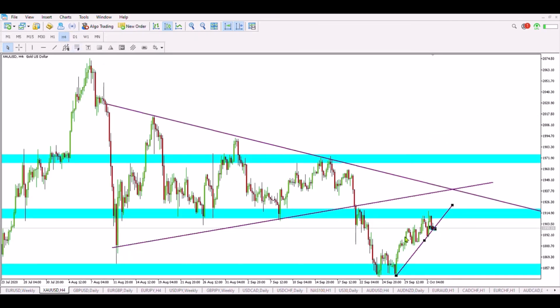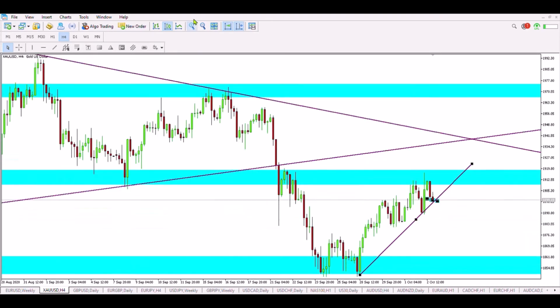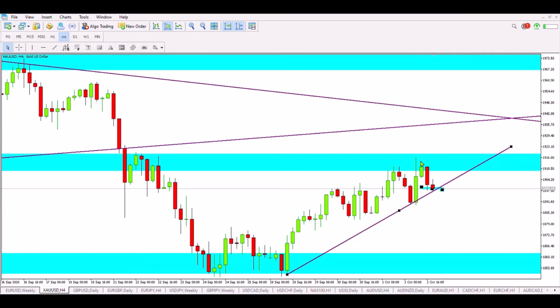And I started selling the gold since we broke out from this triangle pattern right here, took a good profit with the sales, then the price started correcting, and now I'm again looking for sales. And as you can see, this is a good sales signal from the resistance zone, so we can see another push to the downside or retest of this resistance area.